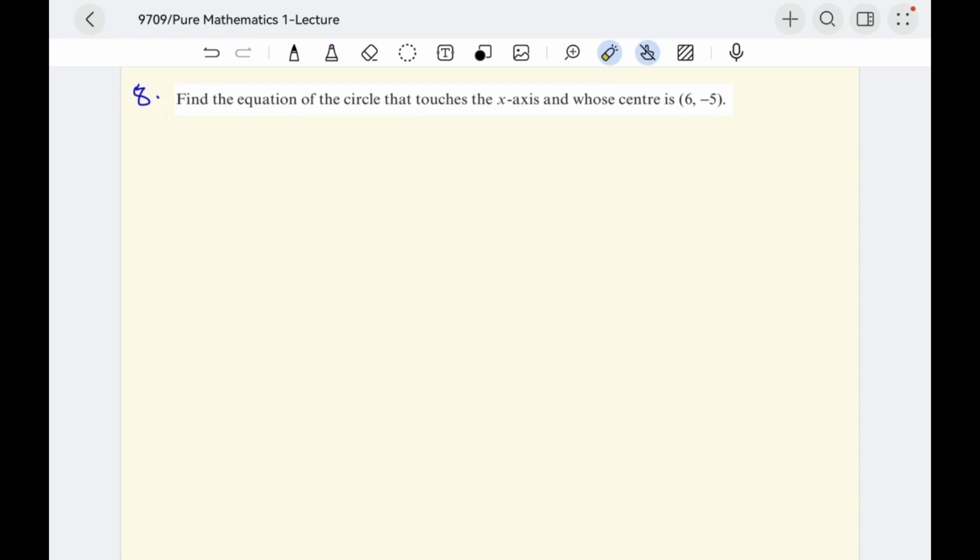So this question involves the equation of the circle. Find the equation of the circle that touches the x-axis, whose center is (6, -5). Remember the standard form of the equation of the circle, which is (x - p) squared plus (y - q) squared equals r squared, where r is the radius and the center is (p, q).